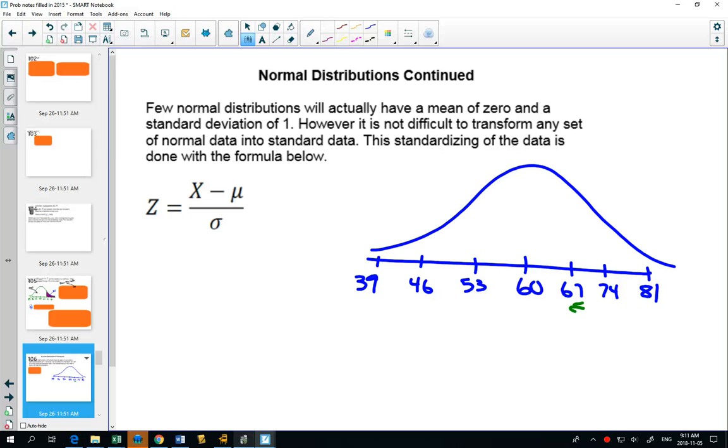If we look at the formula, the Z-score formula says your score was 67, the mean was 60, the standard deviation was 7, your standard score is 1. Your Z-score is 1 because you are exactly 1 standard deviation above the mean. Does that make sense?